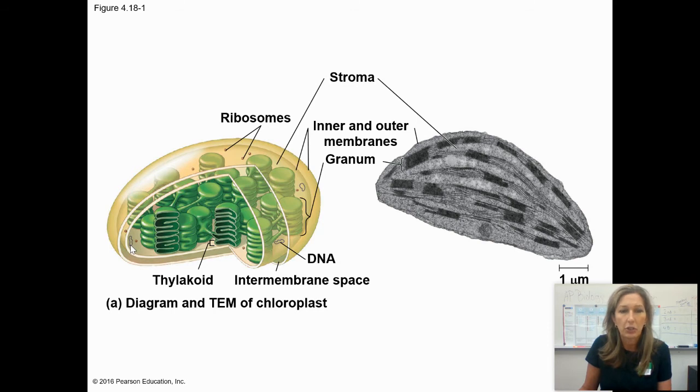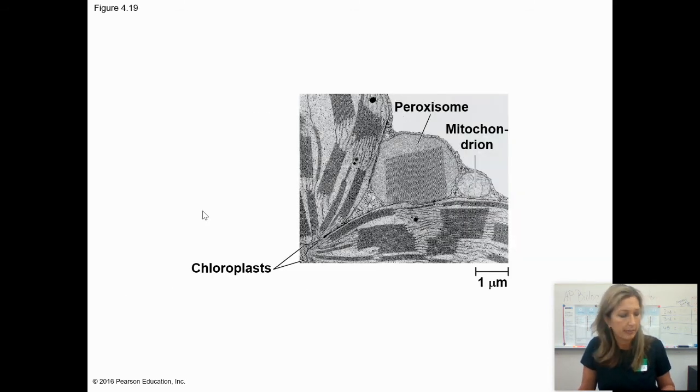But I also have circular DNA and I have ribosomes, again, in my chloroplasts that perform photosynthesis. So understand that endosymbiont theory and the evidence that both a mitochondria and a chloroplast give us for that endosymbiont theory.